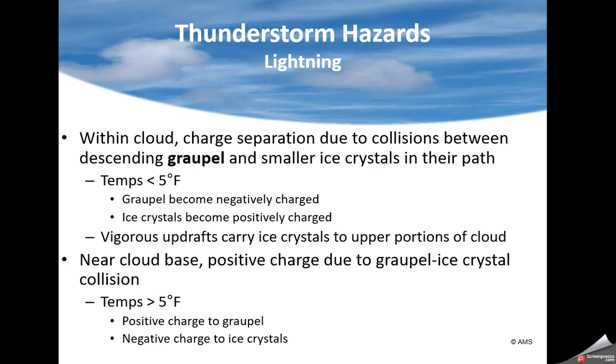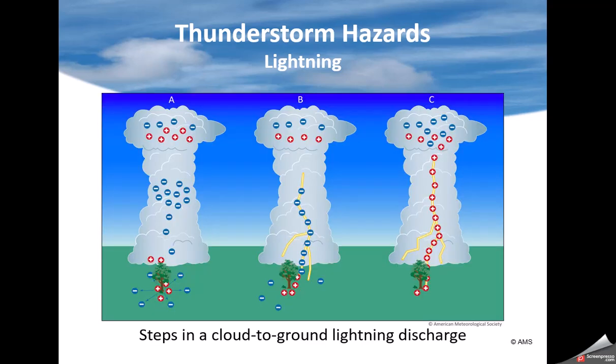But as graupel's temperature changes, it goes from being negatively charged to positively charged. And ice crystals do the same. So that means where these graupel and ice crystals are being put in a cloud, there's an opposite charge going on. And with that, you can see it here depicted.